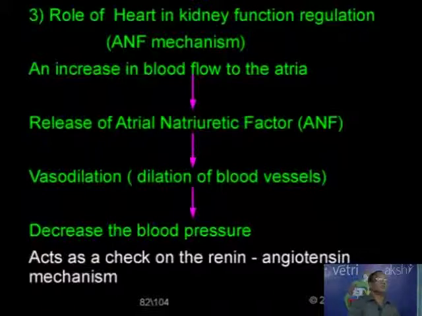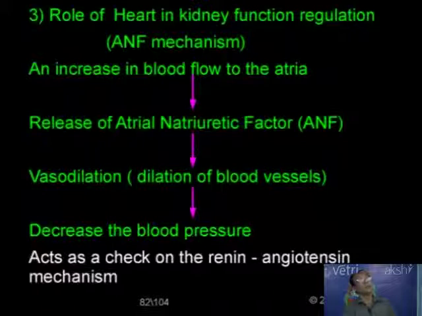I mentioned the renin-angiotensin mechanism is mainly having an accelerating effect. To check the renin-angiotensin mechanism, we have a mechanism operative inside the heart. This is called the ANF mechanism, the atrial natriuretic factor mechanism.